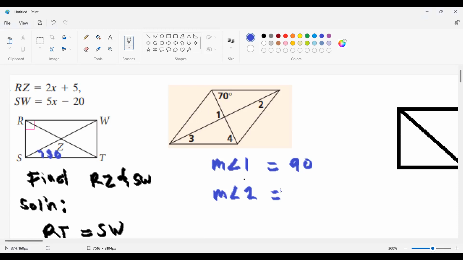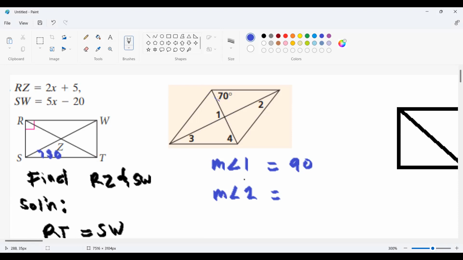Remember, again, that one of the theorems of the rhombus says that the diagonals of a rhombus bisect the vertex angles.